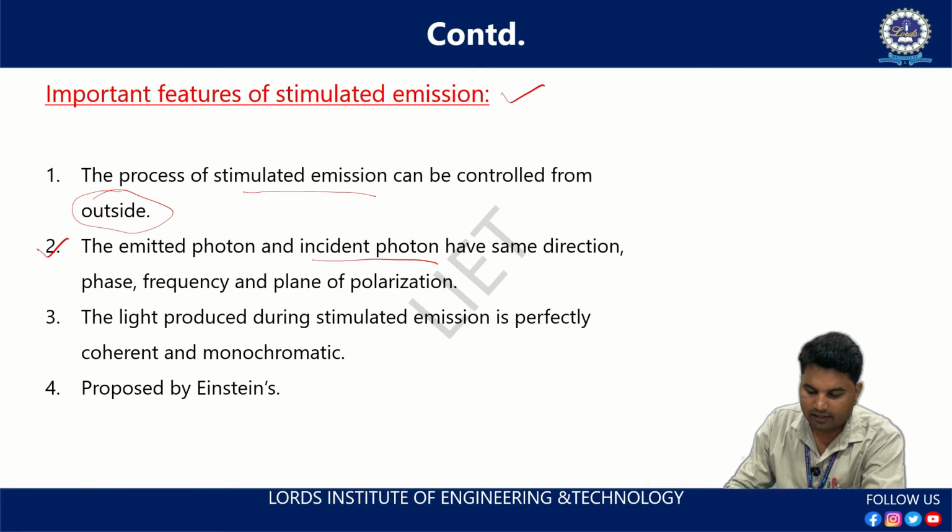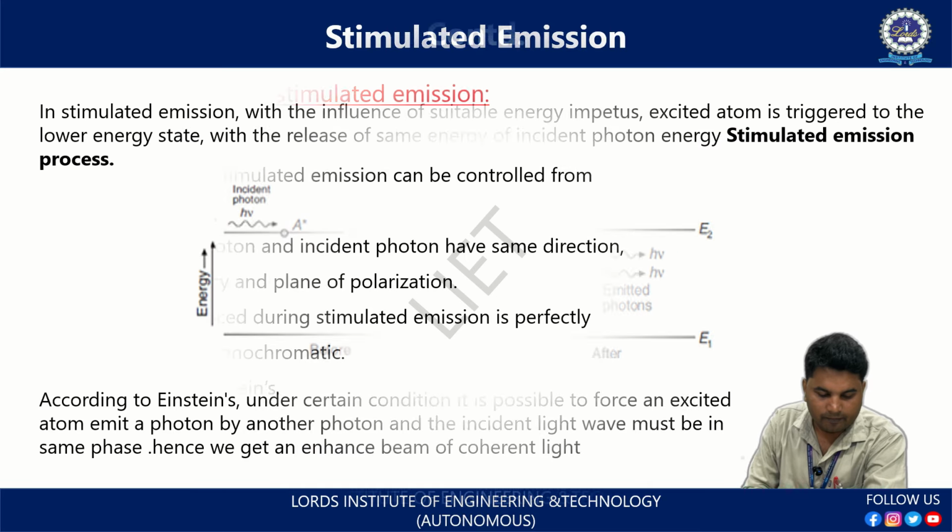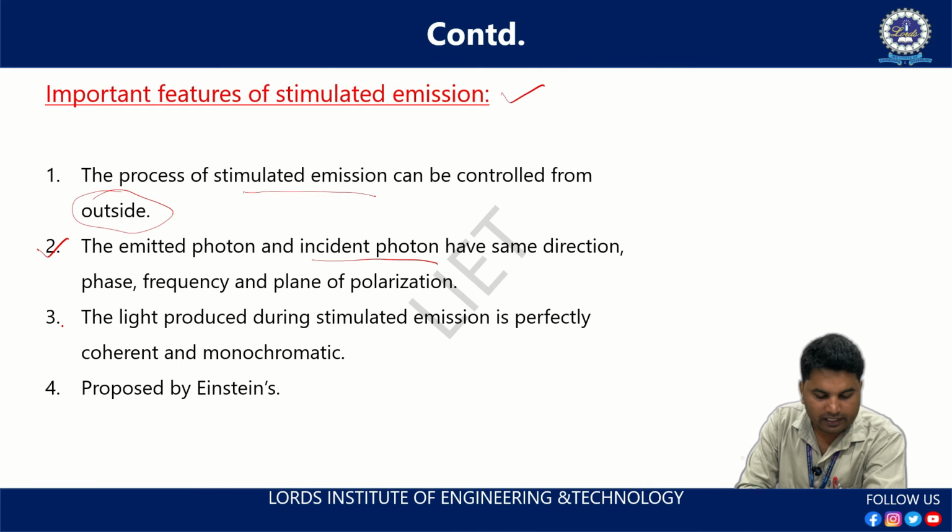As we can see in the previous slide, the photons are in phase. Then the light produced during stimulated emission is perfectly coherent and monochromatic in nature. This was proposed by Albert Einstein.